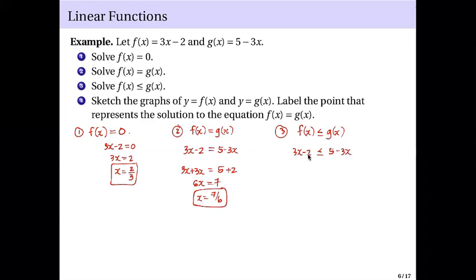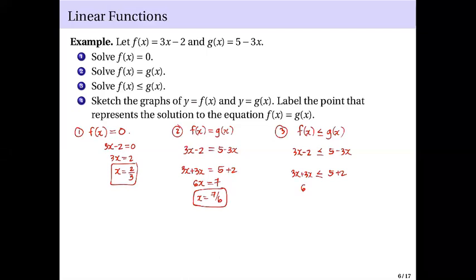We move this minus 2 from the left side to the right side, and we will get 3x plus 3x. Take note that the inequality will not change. And then on the right-hand side you have 5 plus 2.